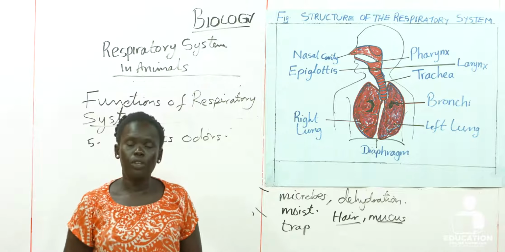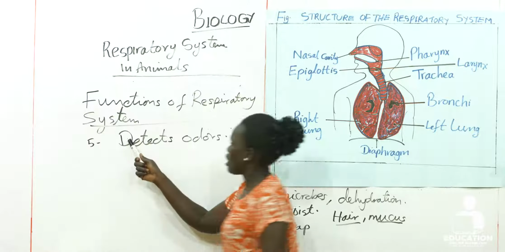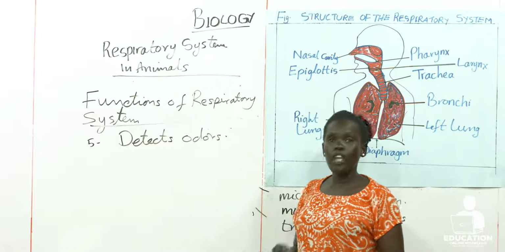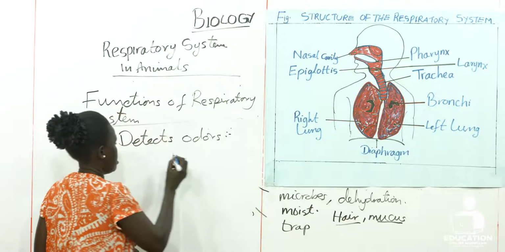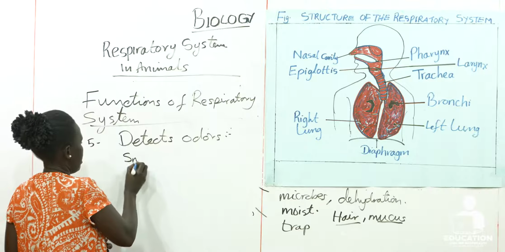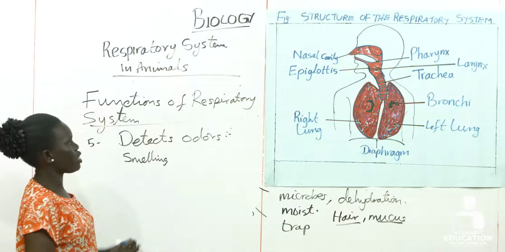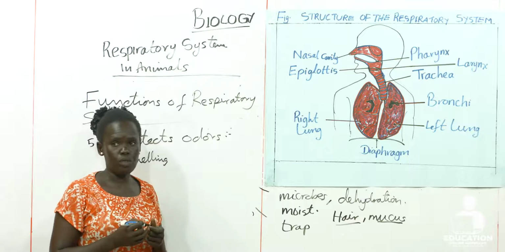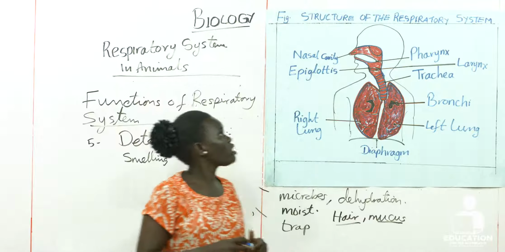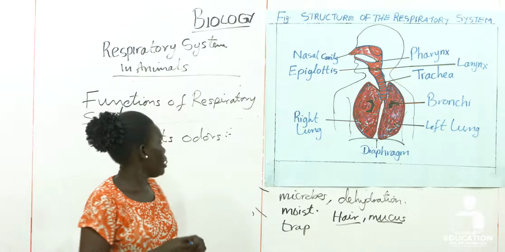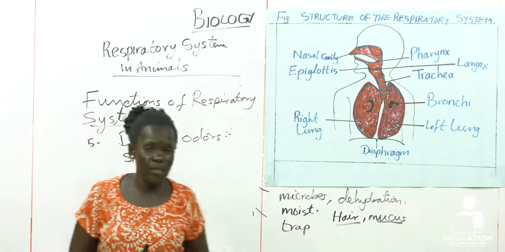So this is the last function, that the respiratory system can detect odors, because we are using our nose for smelling, so it serves as the sense of smell. We cannot detect the odors unless we use our nose, and the nose is one of the structures of the respiratory system. That's why detecting odors can be considered under the functions of the respiratory system.